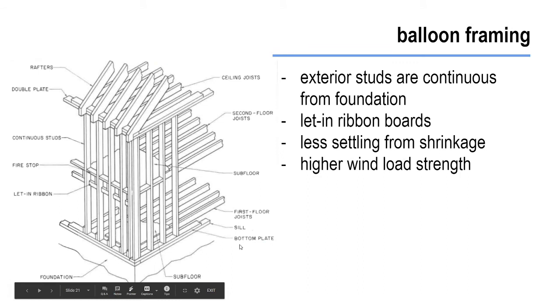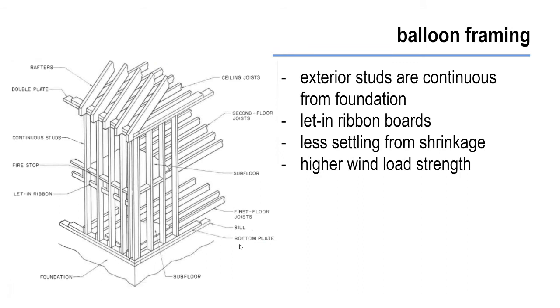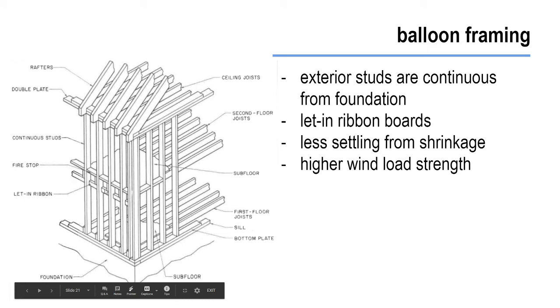Now, another type of framing that exists is called balloon framing. And in balloon framing, the exterior wall studs are continuous from the foundation to the top of the walls. So floor framing at intermediate levels is supported by what we call let-in ribbons.